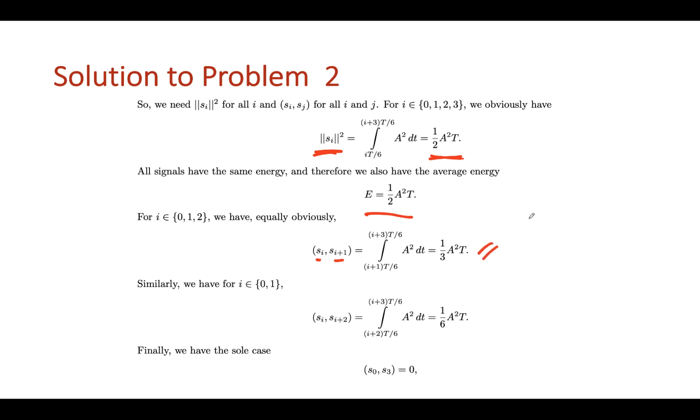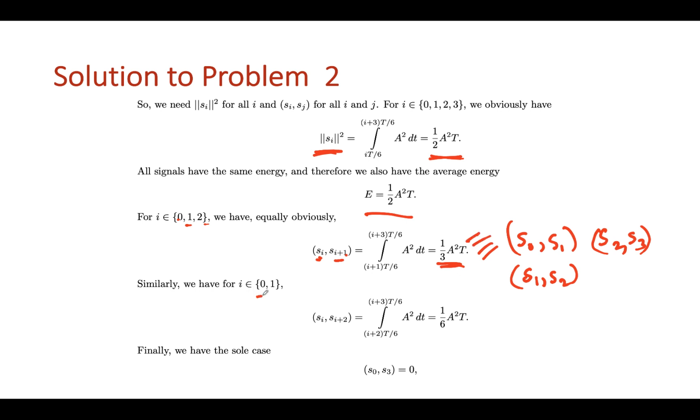Basically this is S0, S1: the distance between S0 and S1, the distance between S1 and S2, the distance between S2 and S3, all are equal to this. So that's the way of writing. For i equal to 0, 1, 2, the distances between Si and S(i+1) are these.